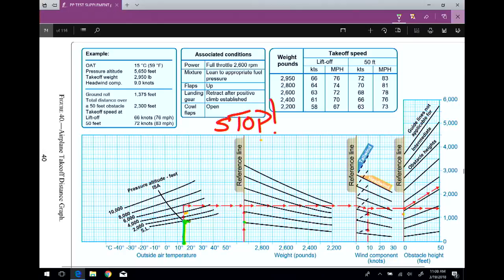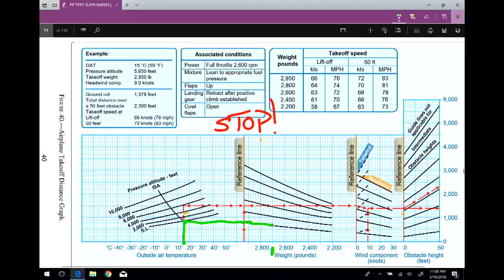Okay, so I'm coming across here, trying to go straight across. All right, Anders, what do I do from here? Your weight's 2,700. Okay, so 2,700 pounds, so I find where that is, right? Now what? And you draw your line down to it. Gonna follow my line. Are you guys following the line here? Are you pretty much on the line or just above it? It looks like it's just barely above it.